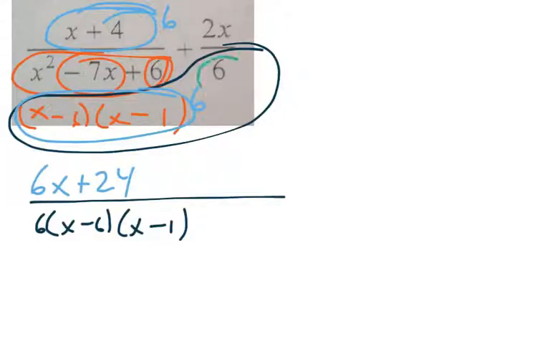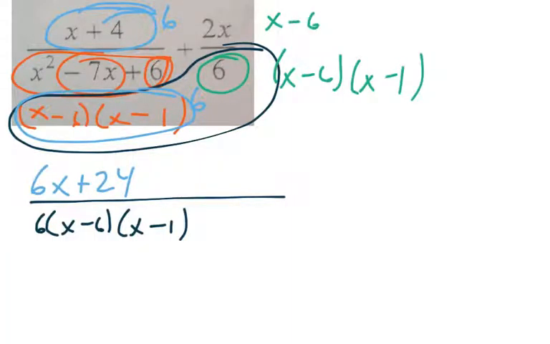My second fraction right here, you notice, has only the 6. It actually needs x minus 6, x minus 1. So I'm going to do x minus 6, x minus 1 in the numerator.